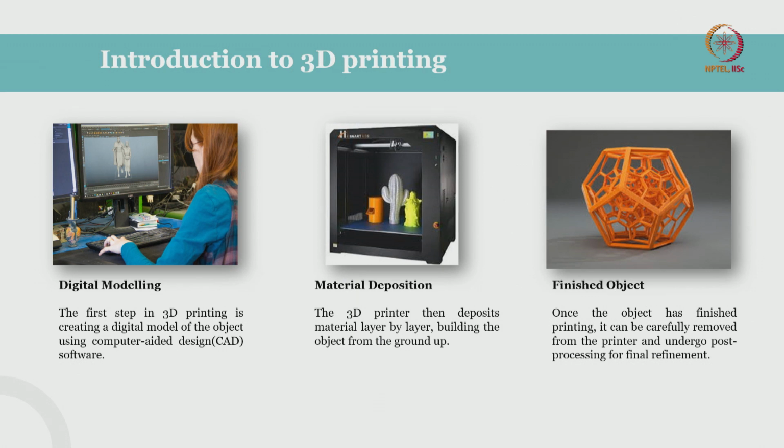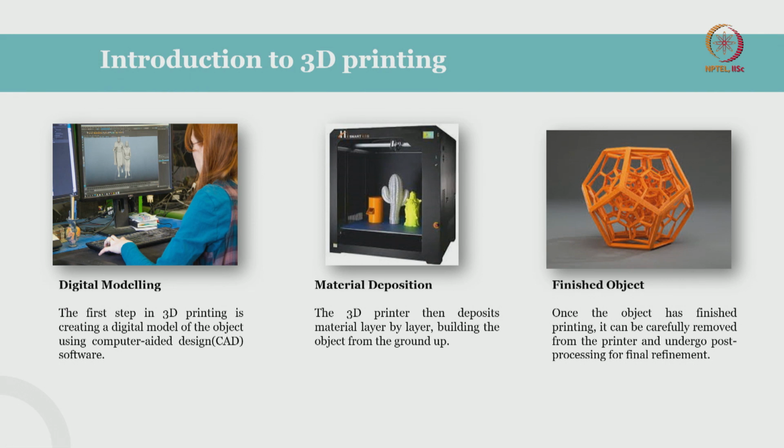Then we go to 3D printing, and how a 3D printable model can be created. There are different mechanisms. First, we can make a model from scratch itself. We will be having 3D modeling software like SolidWorks, Solid Edge, Blender or anything like that, and then we will model our object on those kinds of software.